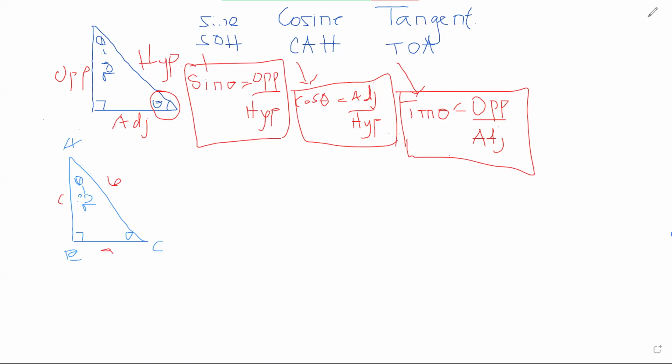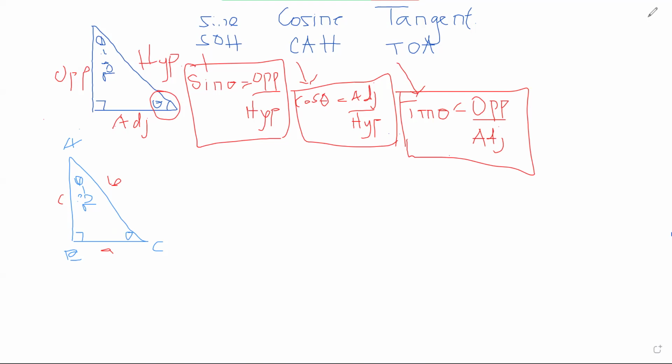Can you see that? You can see that this C is facing here, and B is facing here. So that is how we arrived at naming the sides.